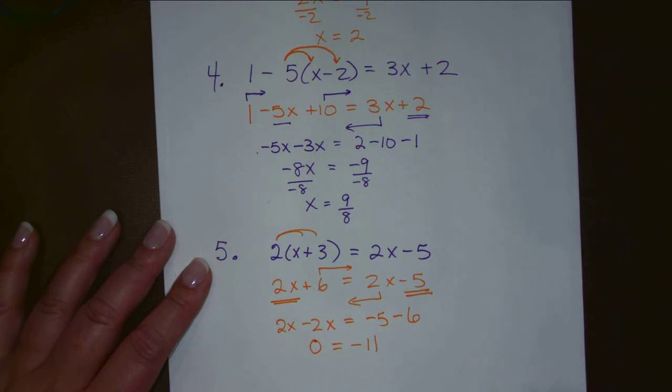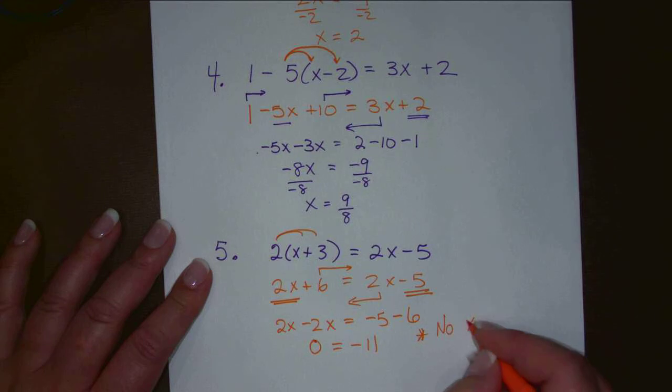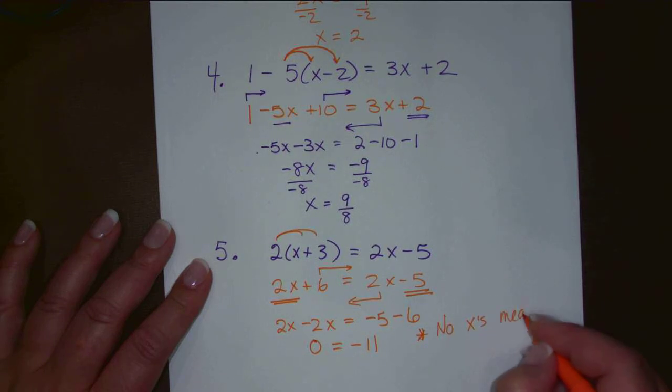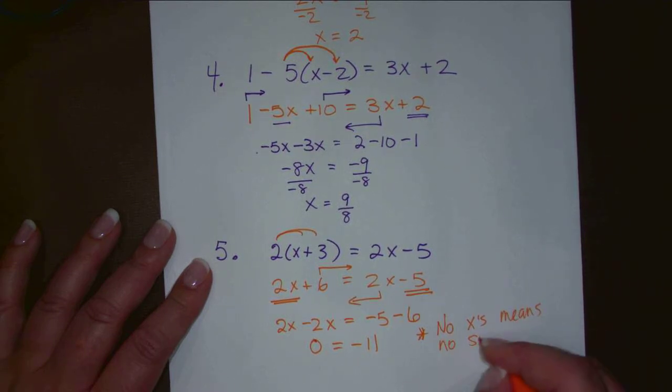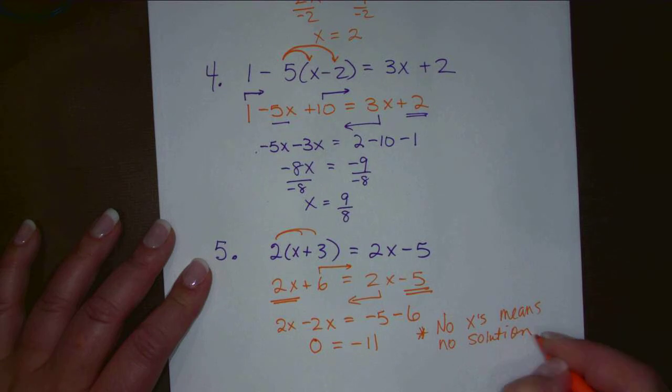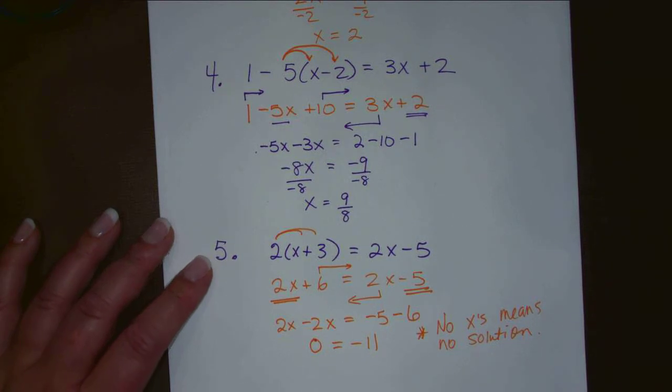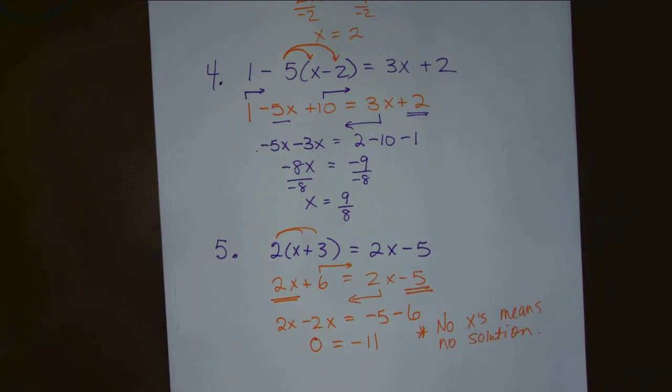Okay, so there's no x's left. Right, the x's have disappeared, and that means there's no solution. So, no x's means no solution. It's very likely in the real world that sometimes the problem doesn't have a solution, and you would just say there's no solution.